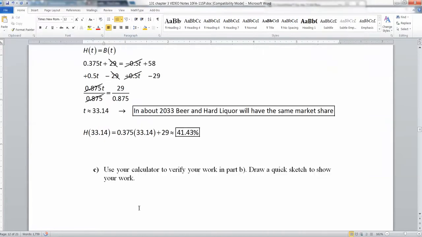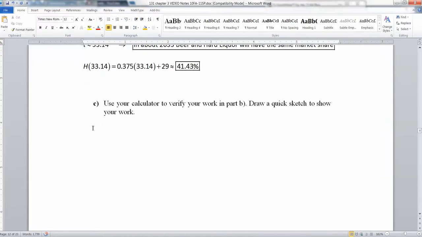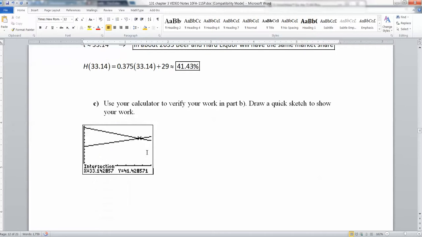That's okay. Now you don't have the lovely copy and paste feature I have, so you're going to have to draw that picture by hand. So you want to draw a picture of your screen, kind of show the X shape, make it accurate, and then say, yep, they intersected at 33, 41 point whatever.